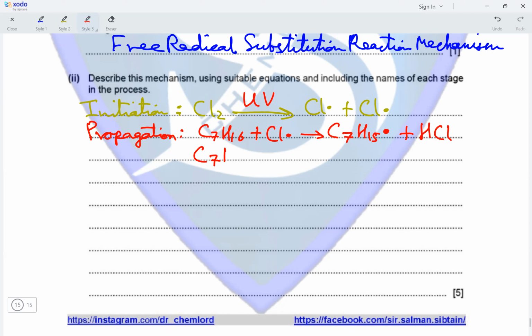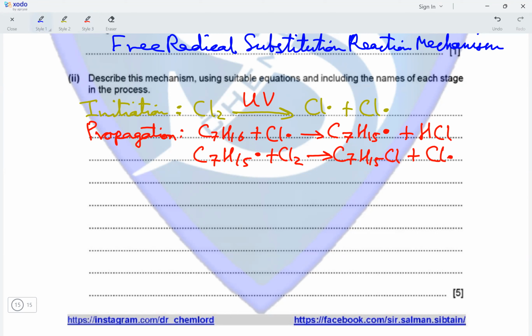The C7H15 free radical attacks a molecule of chlorine producing C7H15Cl, which is the monochloroheptane, and also produces a chlorine free radical in the same reaction process. So here we have C7H15Cl being produced. So we do not need to show other propagation steps.